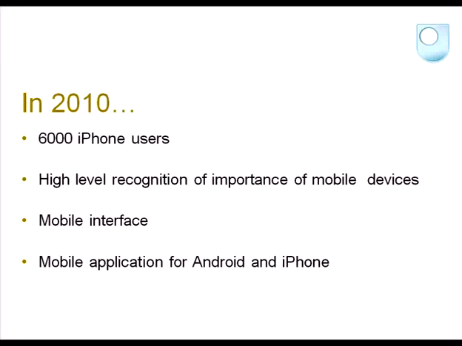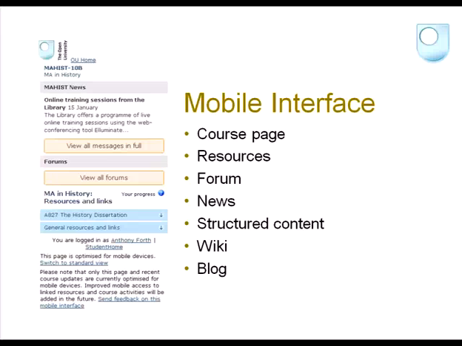Last year we talked about our mobile interface for use in web browsers. It looked basically like the old screen dump I've got there on the side. It covered the course pages, resources, forums, news, wiki, and blog.